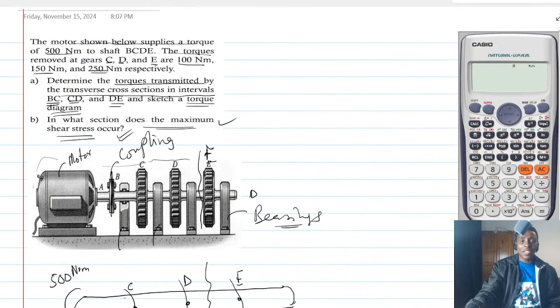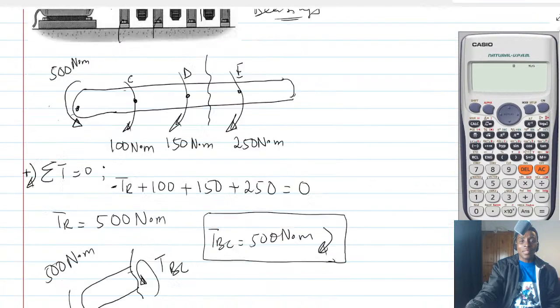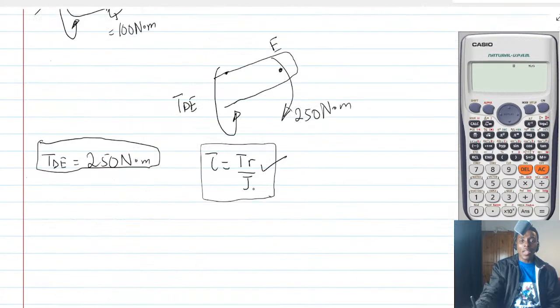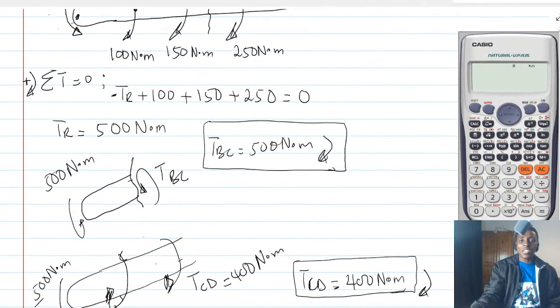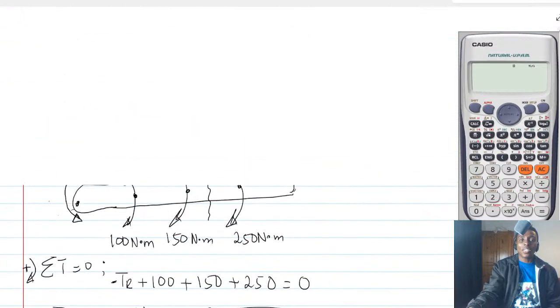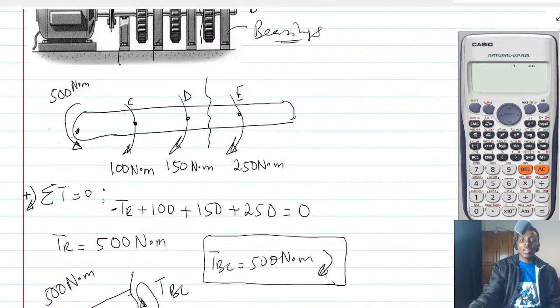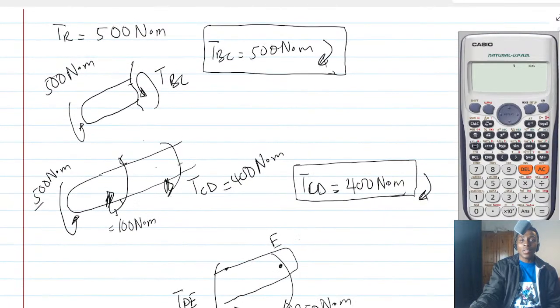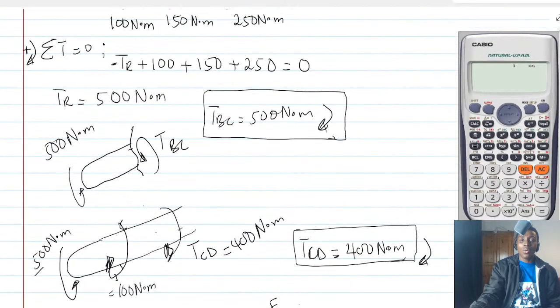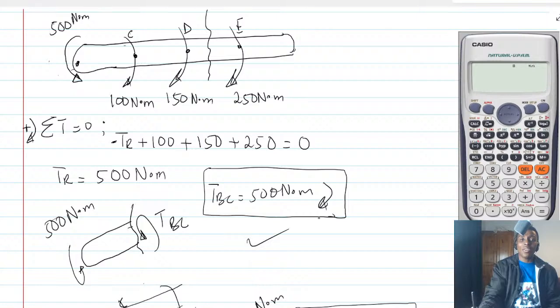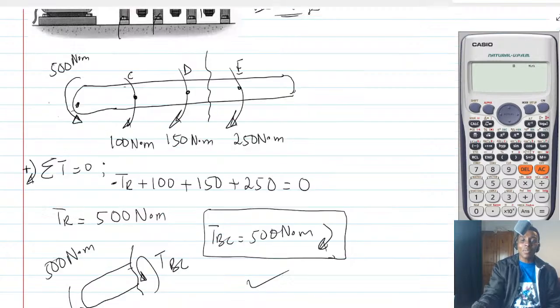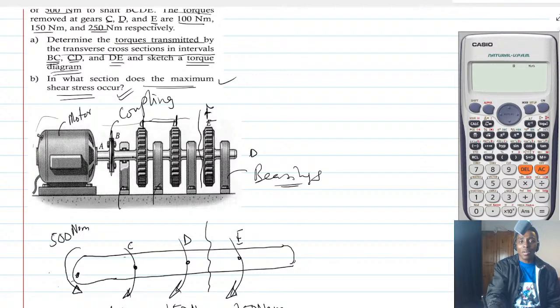But if we have the same radius and we have the same polar moment of inertia, then the torque is going to be maximum in section BC. It is BC because BC is 500 Newton meter, right? So the maximum torque is experienced in BC. All right.